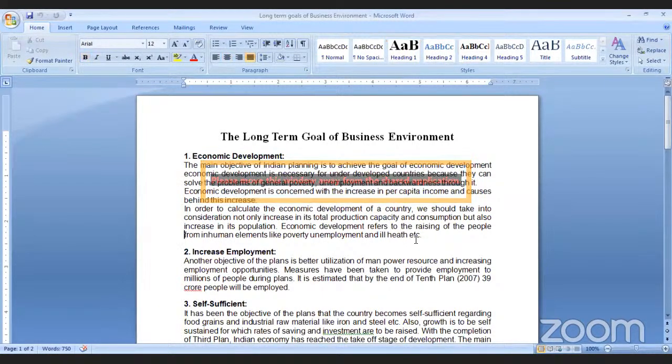Fine. So that is the major concern of economic development while we are talking about the business environment.